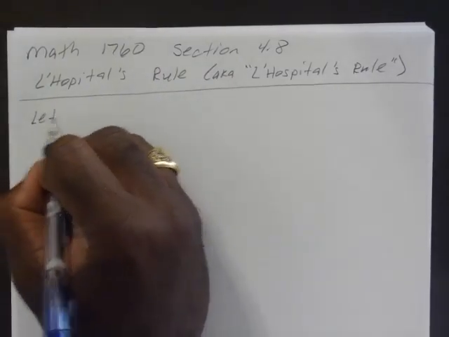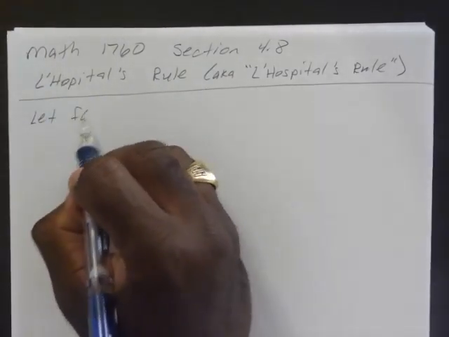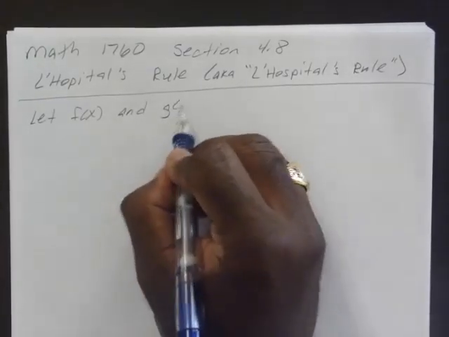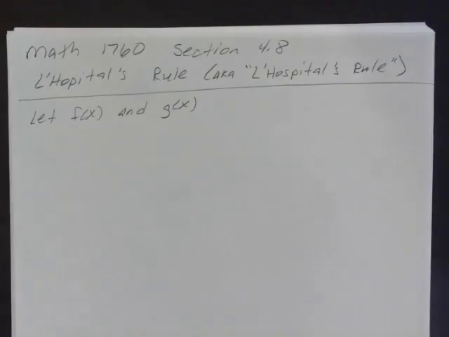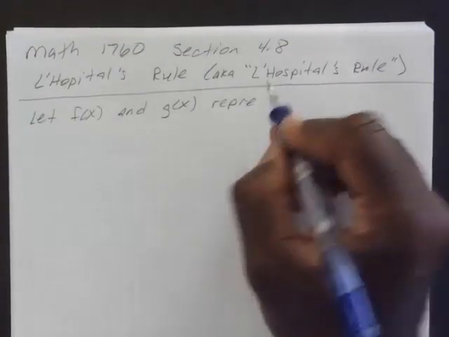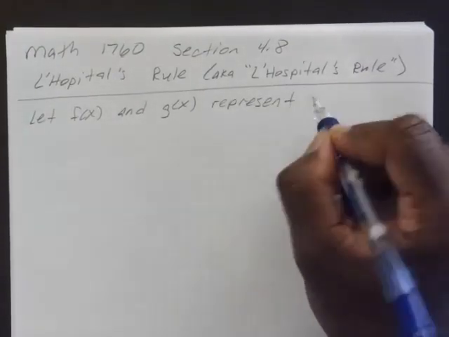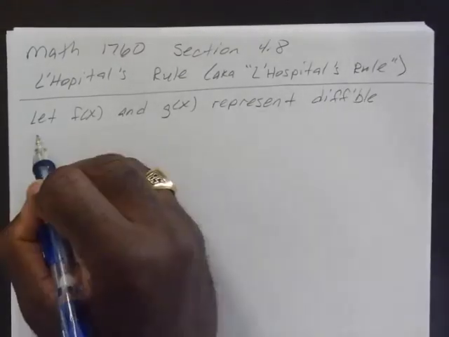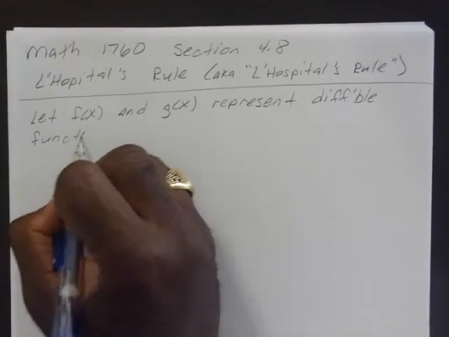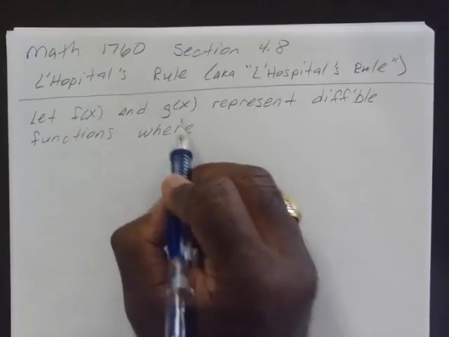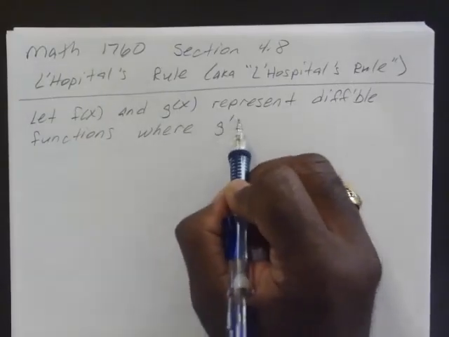Okay, so what if we let some function f of x and g of x represent differentiable functions, where we know that the derivative of g of x is not equal to 0.